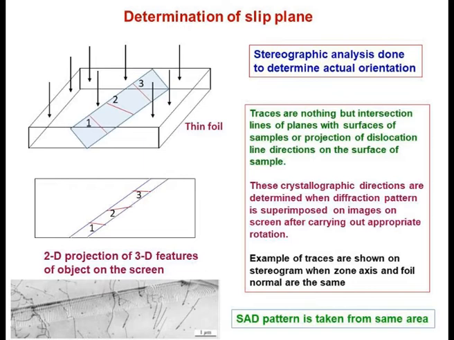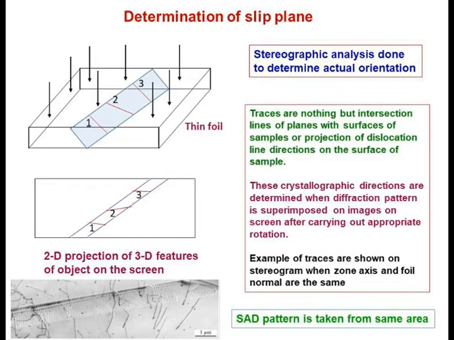So what we get as a direction with respect to a diffraction pattern is not the true direction of the dislocation. Here is an example of how, in reality, a dislocation along a slip line has moved.